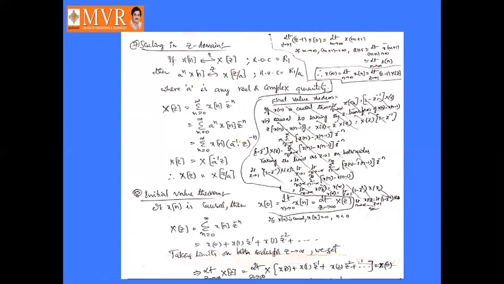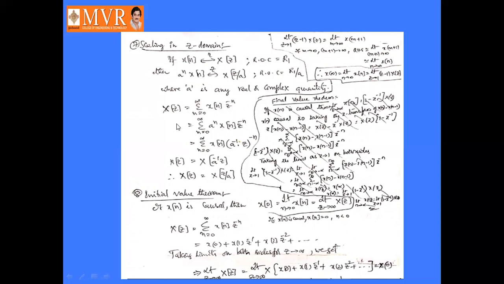And coming to the scaling in z domain, if z transform of x of n is x of z, then the transform of a power n into x of n is x of z by a, where a is any real or complex quantity.